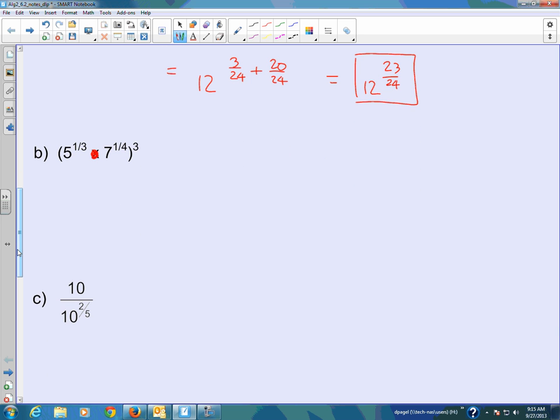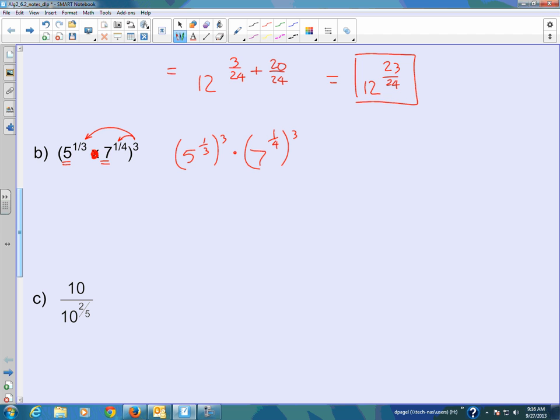As usual, as I'm working through the examples, if you want to try some before I get to the example, pause the video. In this next problem, we have unlike bases, and this power on the outside, and the power of power property says I raise everything on the inside of the parenthesis to the power of 3. So this becomes 5 to the 1/3 to the 3rd power times 7 to the 1/4 to the 3rd power.